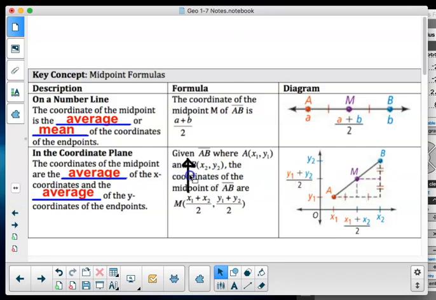So keeping in mind, given A (x sub 1, y sub 1) and B (x sub 2, y sub 2), the coordinates of the midpoint of segment AB are the average of your x's and the average of your y's.